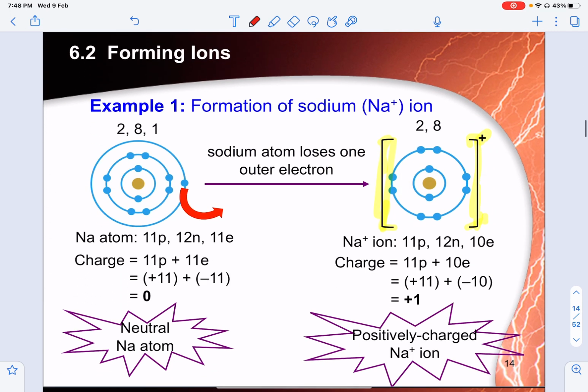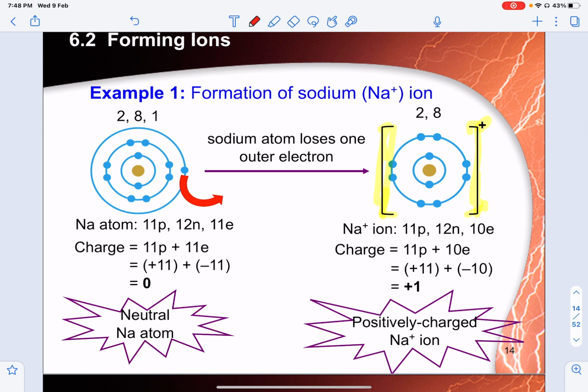So in order to form the sodium ion, you will be required to know how to draw something like this. Why? Because eventually when you are required to draw the ionic compound in totality, you will need to draw two or more of the ions within the same diagram.